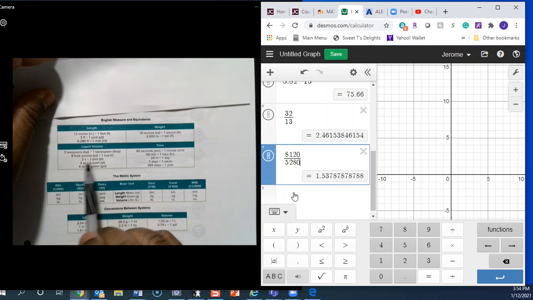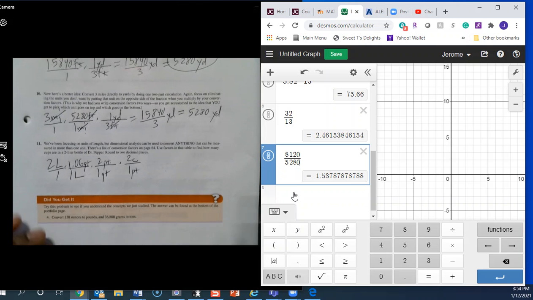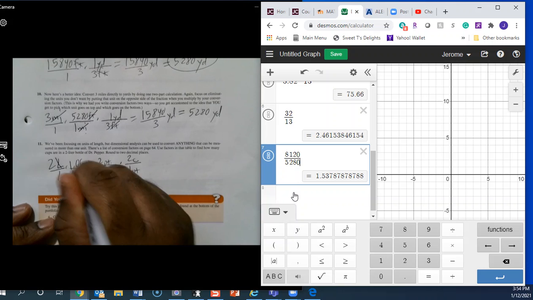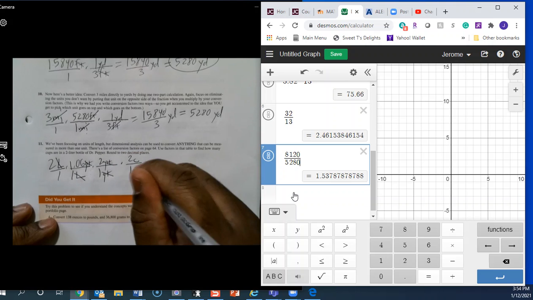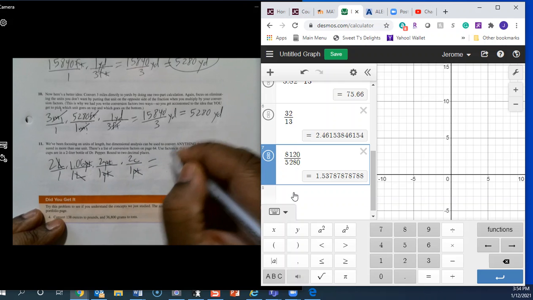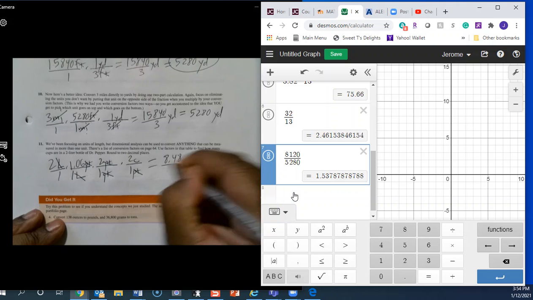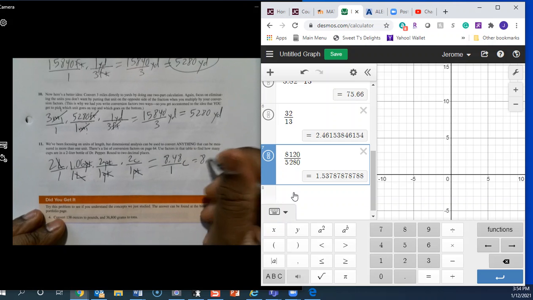We look back here, 2 cups equals 1 pint. Now we simplify. The liters will simplify out, the quarts will simplify out, and the pints. So we multiply straight across here, and that will give us 8.48 divided by 1, and it's cups. So it'd be 8.48 cups.